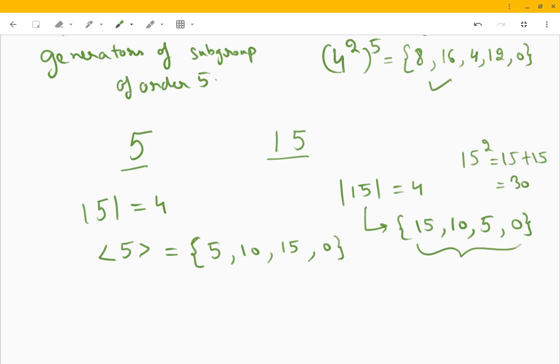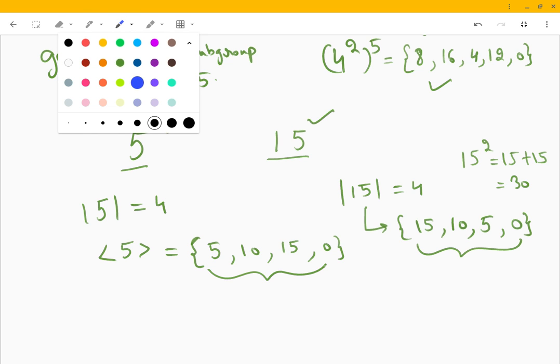So these are the subgroups of order 4, and their generators are 5 and 15, right?